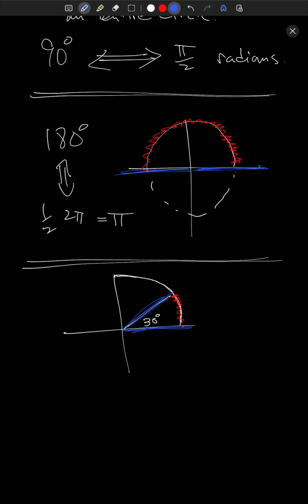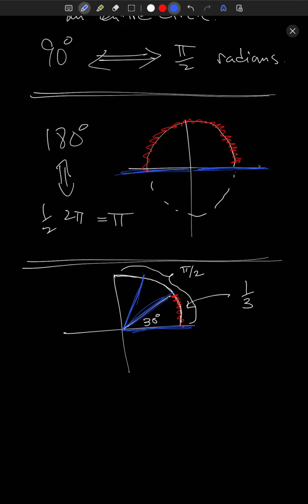Again, we can reason this out. We know that the entire quarter arc right there was pi over 2, 90 degrees. This 30 degrees is 1/3 of 90 degrees, and so this arc here has to be 1/3 of pi over 2.